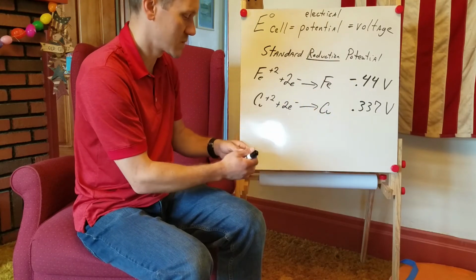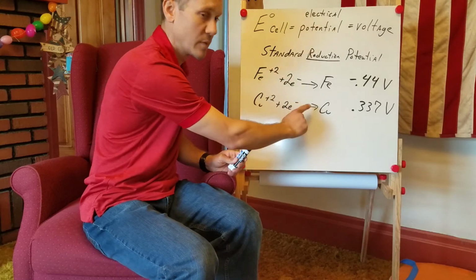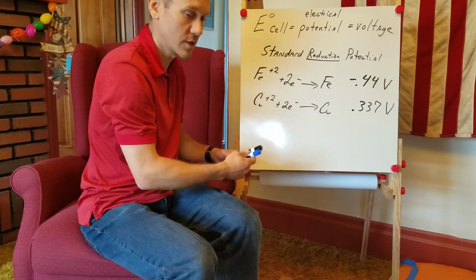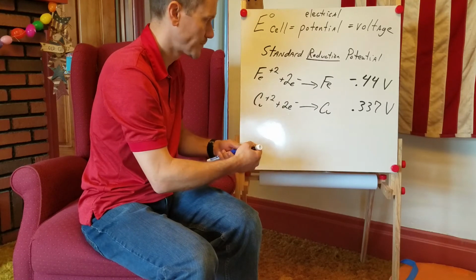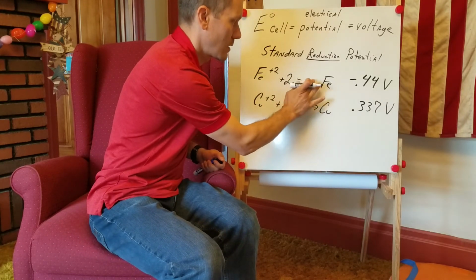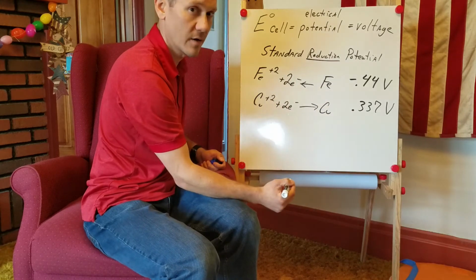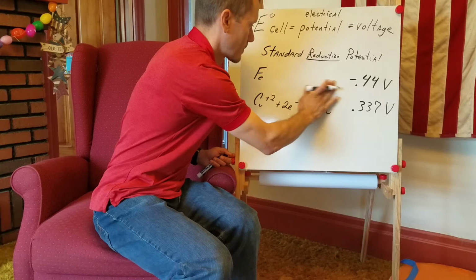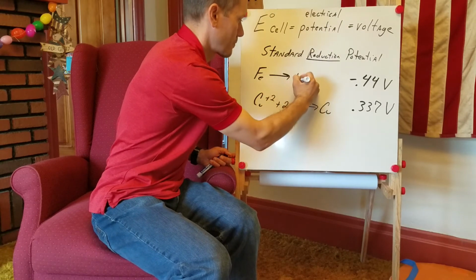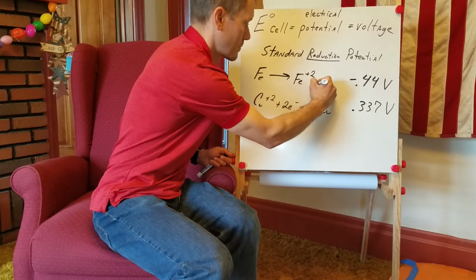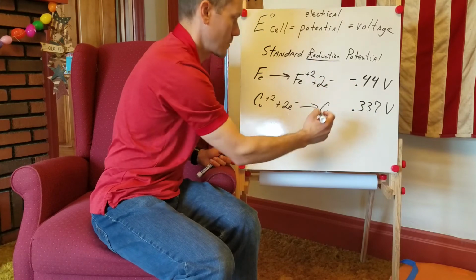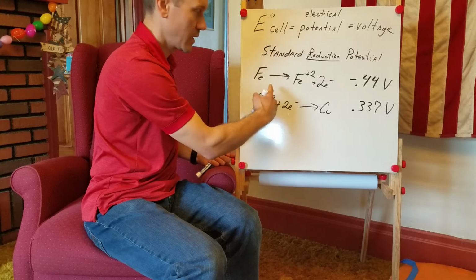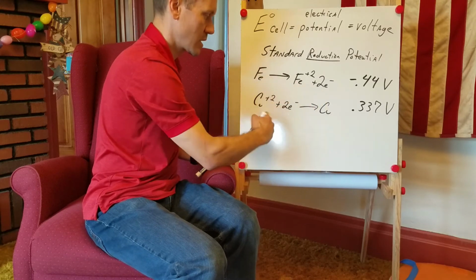So we're going to flip this one because we know these are both written as reductions. They can't both be reduced. It's one reduction, one oxidation. I could just flip the arrow, but then it doesn't really look quite right, so I'm just going to rewrite it here. Okay, so oil rig, oxidation is loss, reduction is gain.